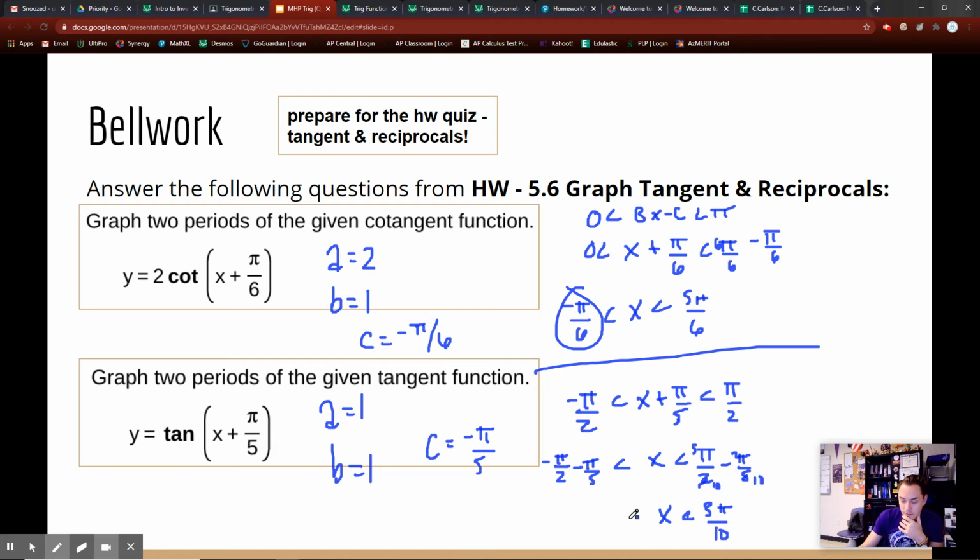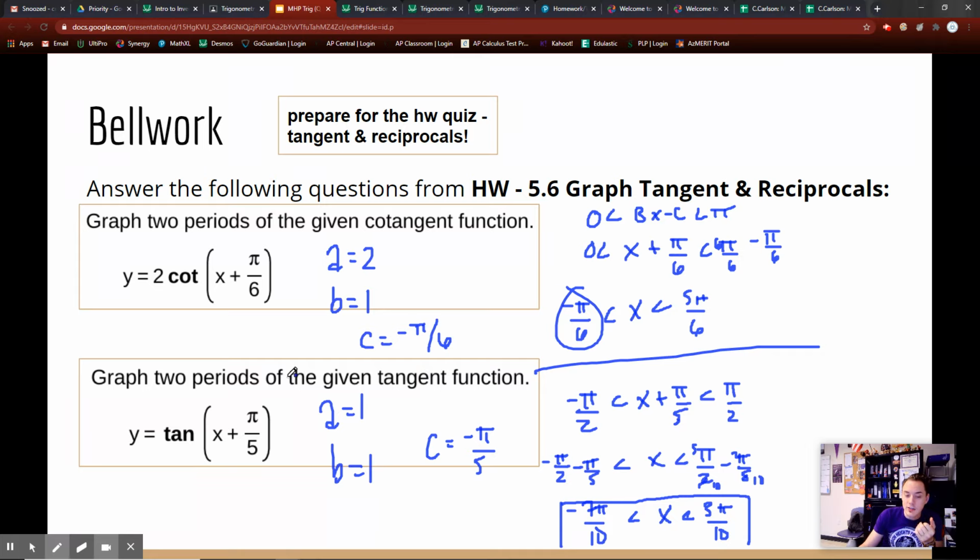I mean, for real. And then this would be pretty much the exact same thing. So negative 5 minus negative 2, so negative 7 pi/10.